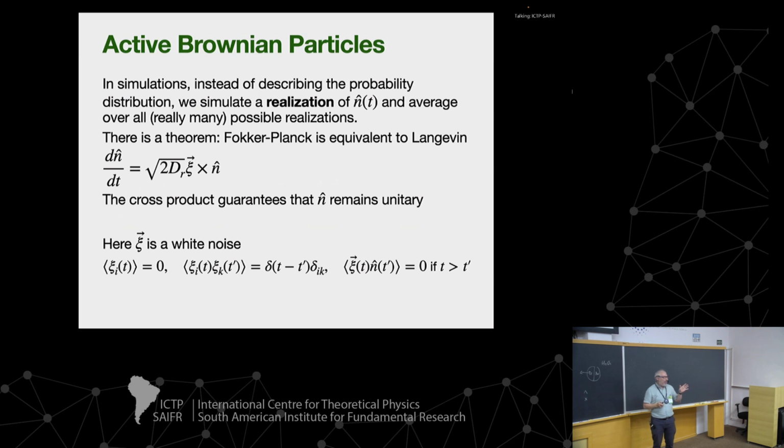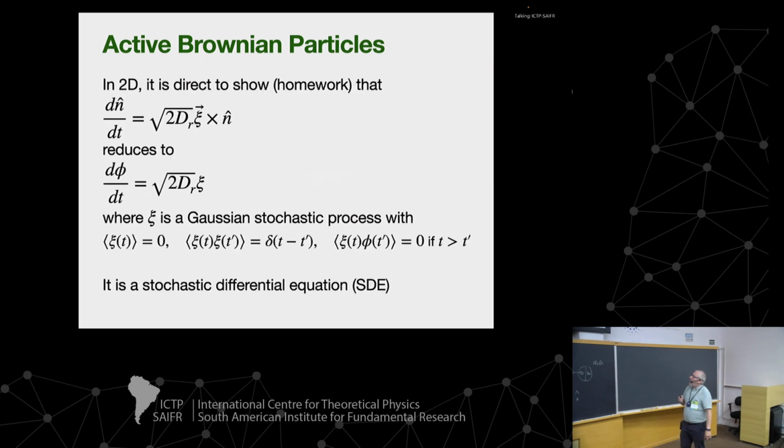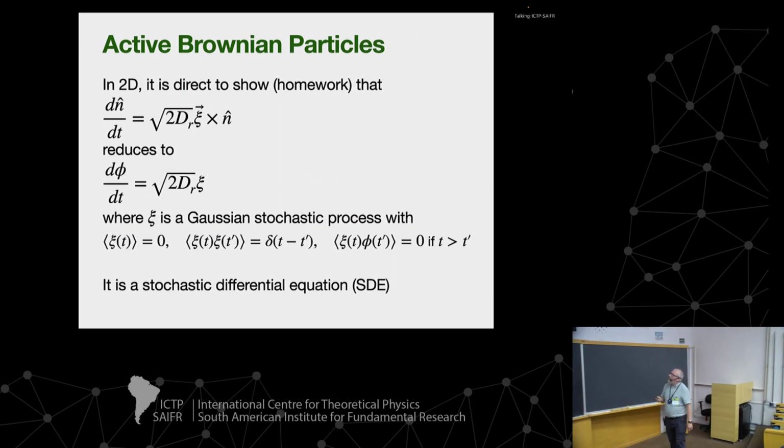And I think that Aparna is going to talk about the mathematics of that equation. Okay, so in 2D, it is direct to show, and this is homework for you, that the equation for the vector reduces to that for the angle.